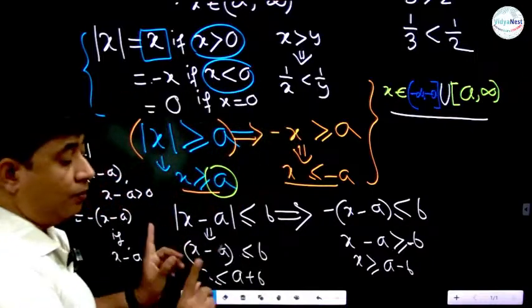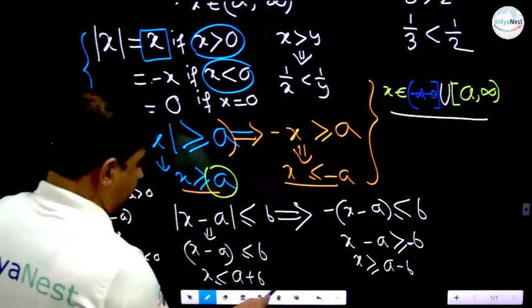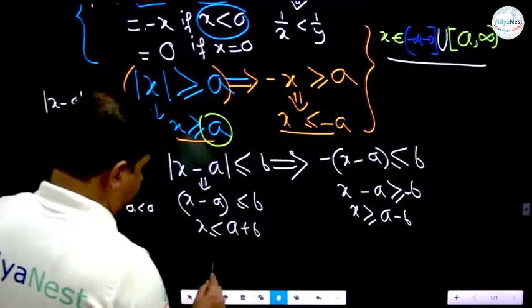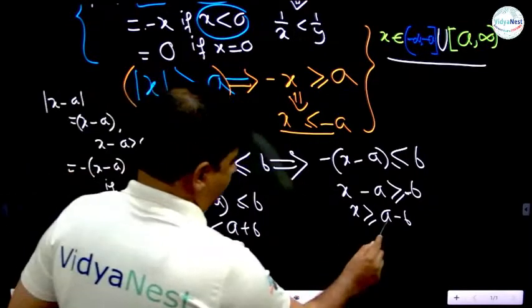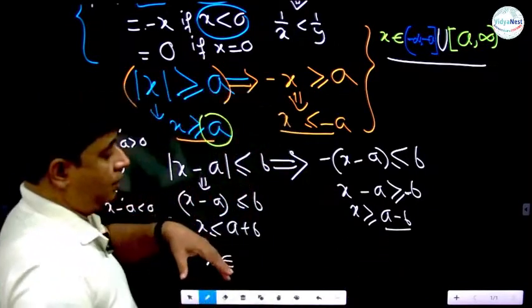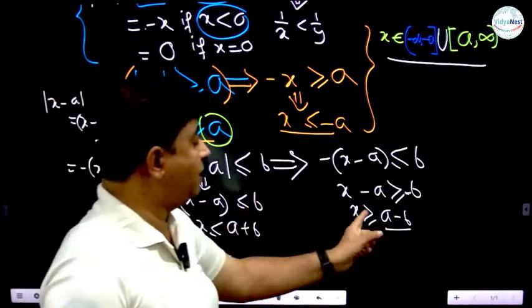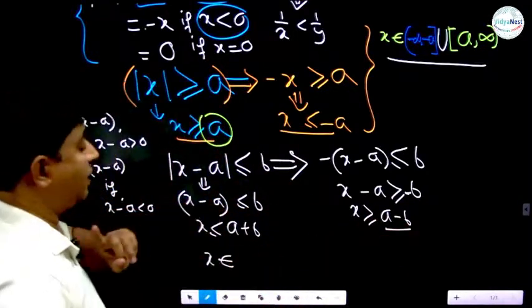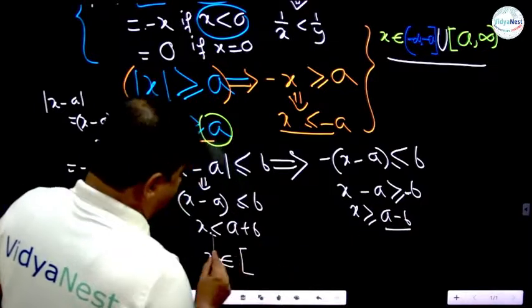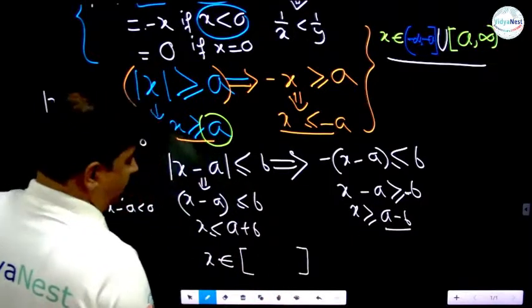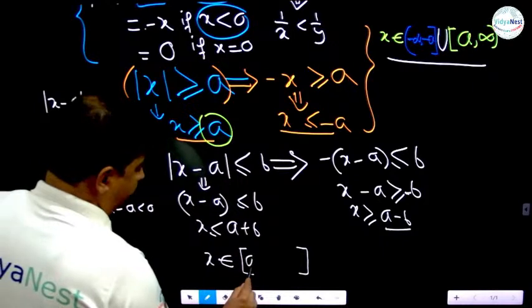So how to combine them? x belongs to, see, x is more than a minus b and less than a plus b. And because of this equality sign, I will put them in a closed interval.